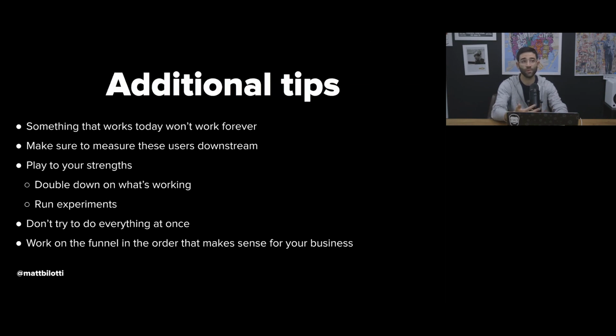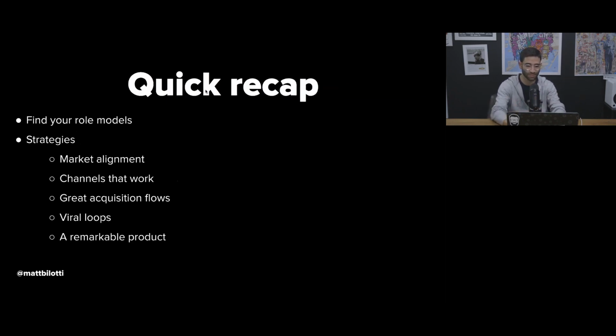Like Superhuman is focused on activation and retention, whereas, what's another example of a tool? I don't know. A newer app might just be focused on getting signups in the first place to prove that they can get that flywheel going, and then they help make those people successful over time. So just think about it in the context of your own business.